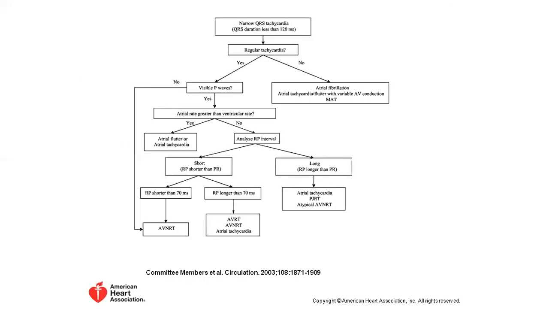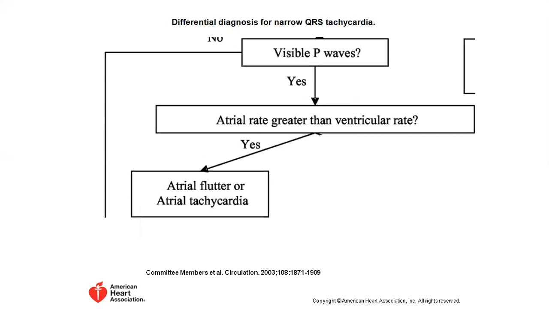So this is again the same algorithm where we started with narrow complex tachycardia, regular, and when we say visible P waves, right? And you say, yes, we have P waves because this is regular. Then the second question you ask yourself is, do we see more P waves or an equal number of P waves to the QRS?